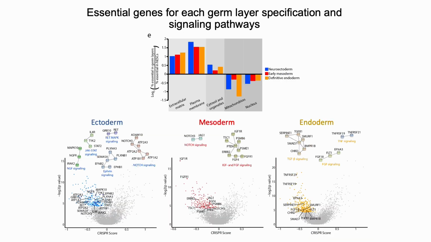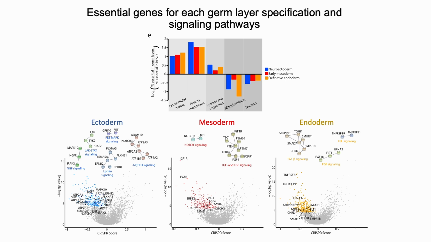And while in the undifferentiated cells, the most primitive cells, we could show that they have less significant essential genes in the outer layer, when you compare that to the differentiated cells, we can see for all lineages, ectoderm, mesoderm, and endoderm, that there is a larger component of essentiality for the outer layer, meaning that now they are getting signals from the neighboring cells that affect them.